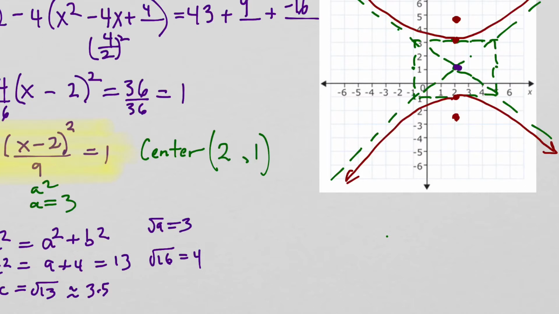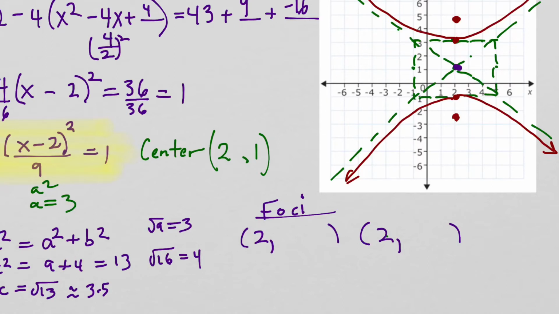All right, so now if I want the coordinates of my foci, I'm going to have two ordered pairs. So like I said, the x-coordinate would be 2, same x-coordinate as the center. And now that I know the distance I'm talking about, square root of 13, is between here and here, I start at the y-coordinate of my center, and I go from 1 up root 13.